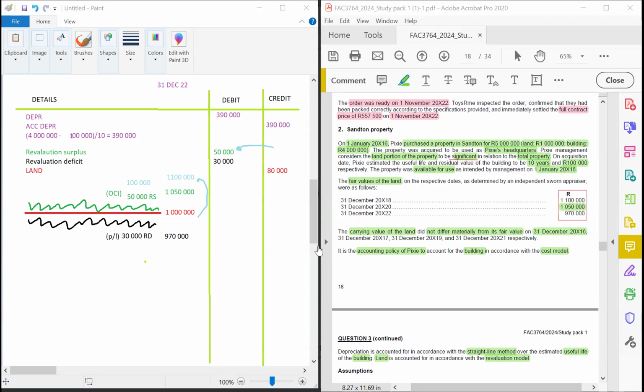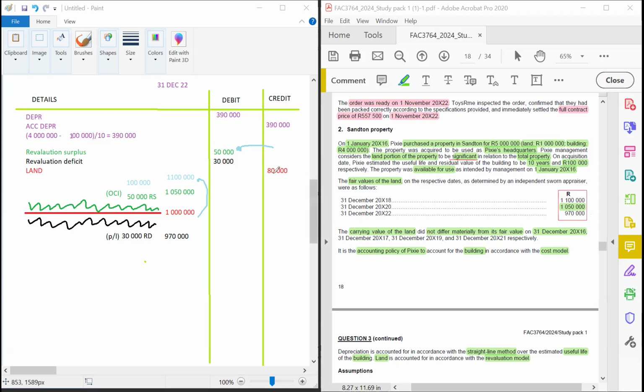Andile says, why is 80,000 on land? The main reason is that we have added the losses or expenses, the unfortunate revaluation. If we take 1,050,000 and deduct the 970,000, land has lost its value by 80,000.